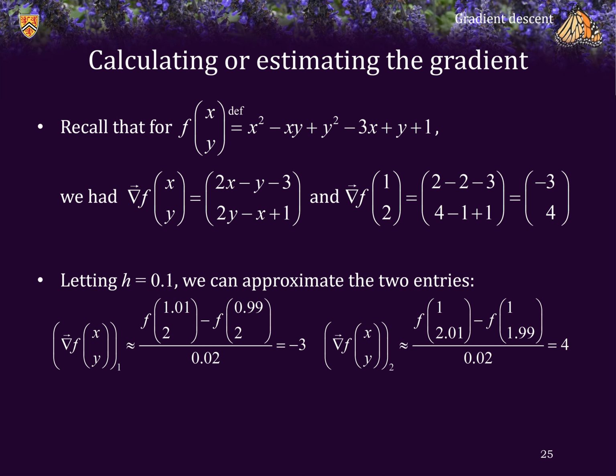So for this very specific function, using the approximation formula for the derivative actually does give us the exact answer. However, if we had a cubic or a quartic or a trigonometric or exponential function, then this would definitely not be the case. We would only be finding an approximation of the gradient, not the gradient exactly.